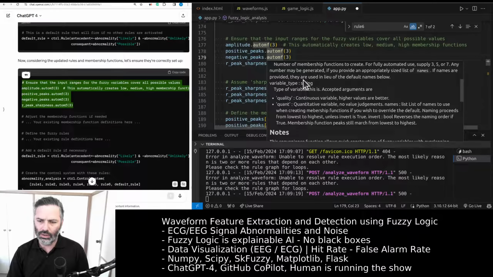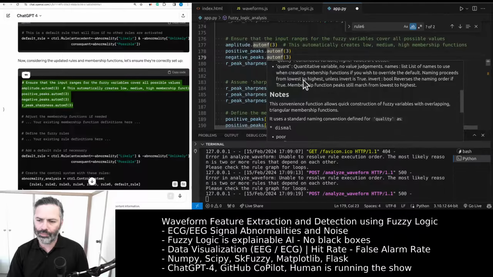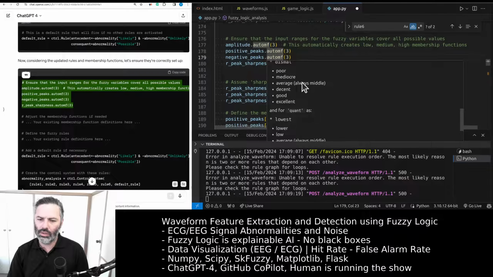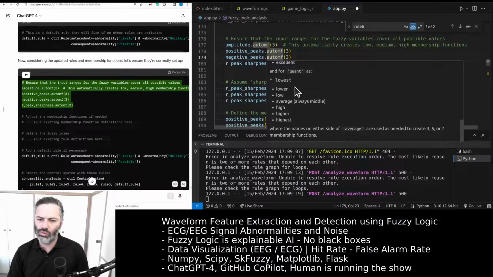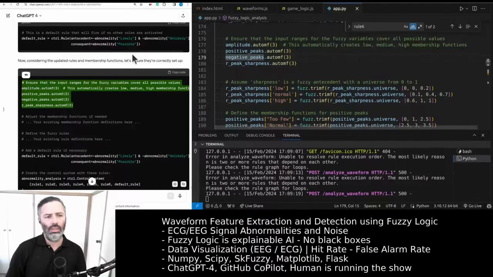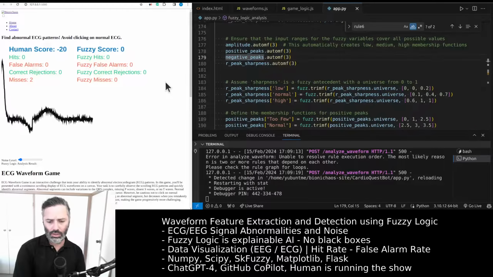Quality, quantitative variable. Okay, so that's essentially a default.